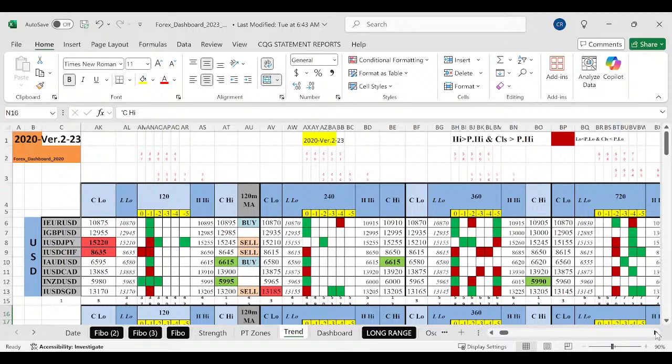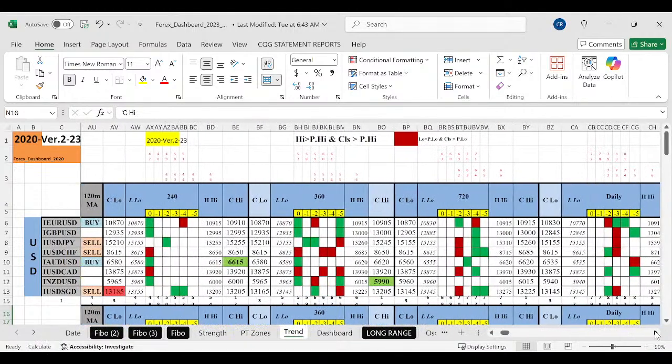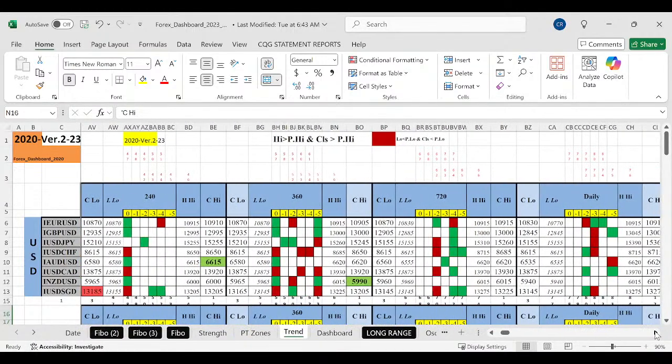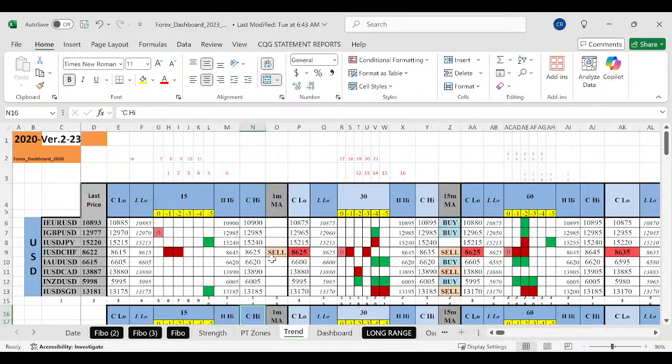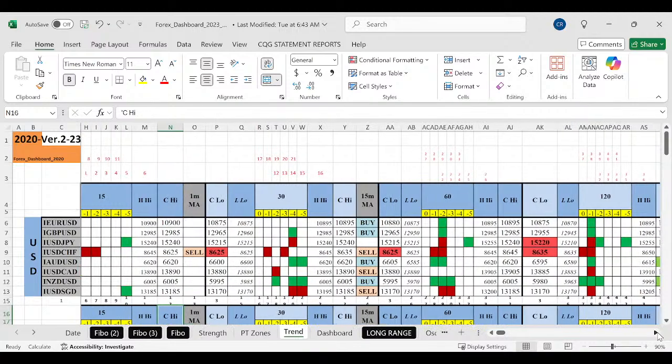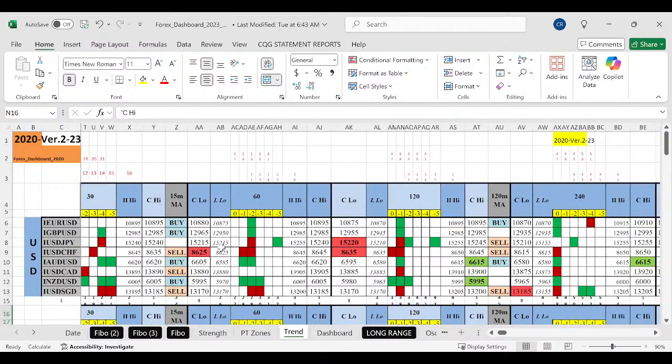After that, I don't think we can see further weakness. So if we were to trade that, then we should be shorting near the 60 or 120 high, which is about 86.45.